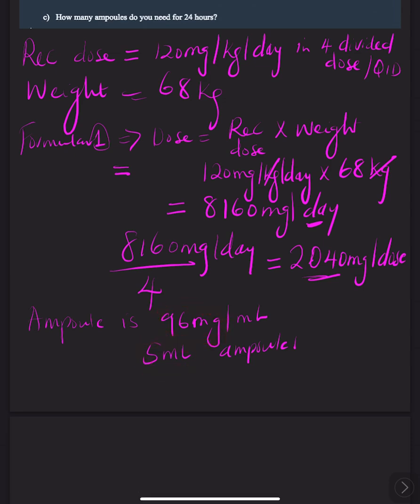So you need to say 96 mg times the 5 mils, because it will go in 5 times. If you use your calculators again, because you'll be allowed to use them, you say 96 times 5, which will give you 480 mg in 5 mils.